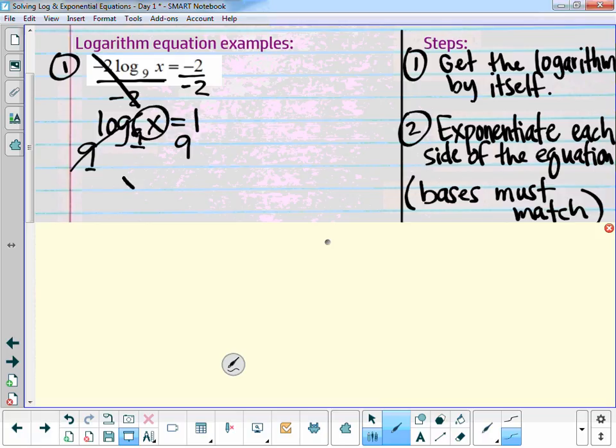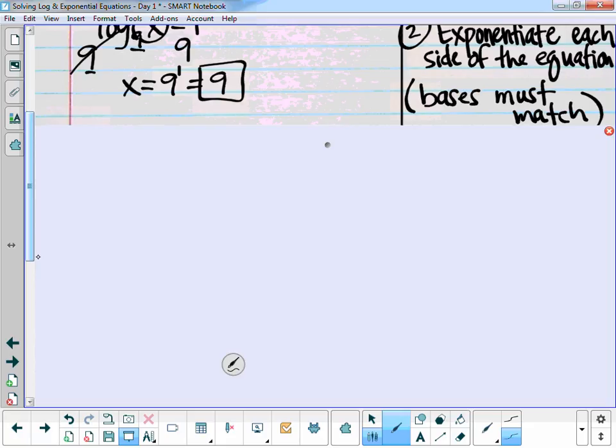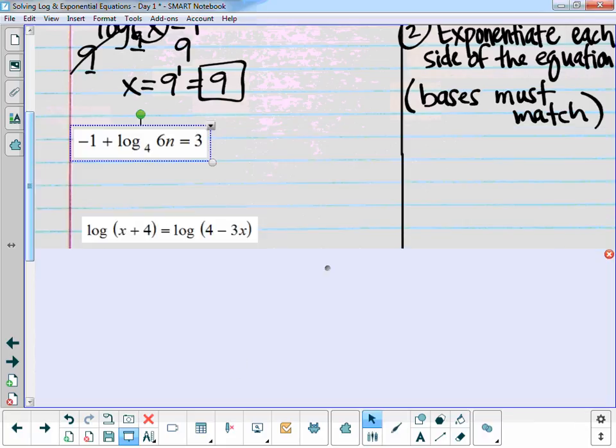So that will just be x equals 9 to the first power, which is just 9. Okay? So we got the logarithm by itself, and then we exponentiate each side of the equation. So let's do another one. So number 2 here.